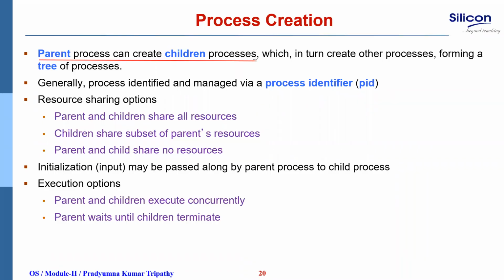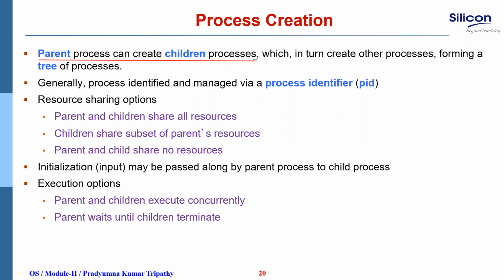So, resource sharing options: a parent and child can share all resources. The child can share a subset of the parent's resources. It might be that the child shares only a part of the parent's resources, and there might be a case where parent and child share no resources.